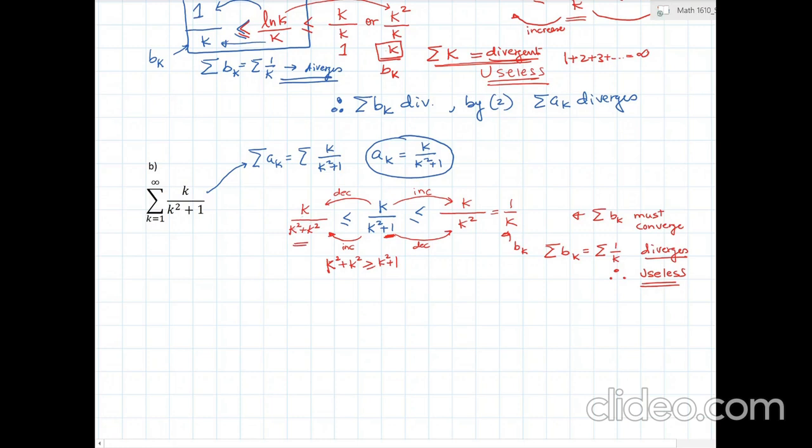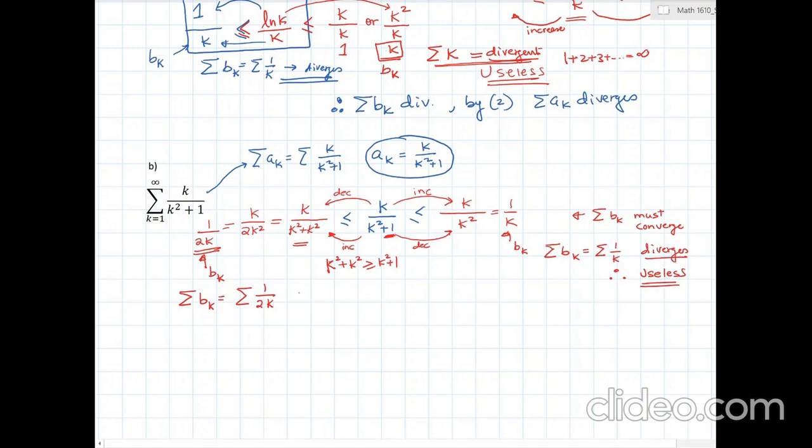Now what is k over k squared plus k squared? This is k over 2k squared, but that is 1 over 2k. So this time suppose this is my bk. Now what can I say about this series? What can we say about the sum of 1 over 2k?